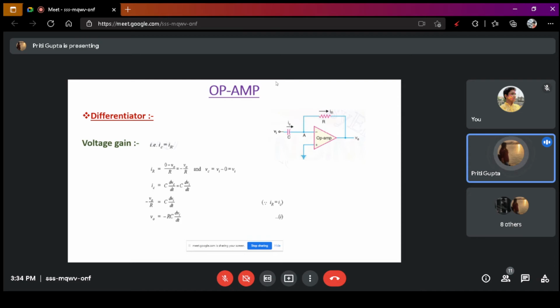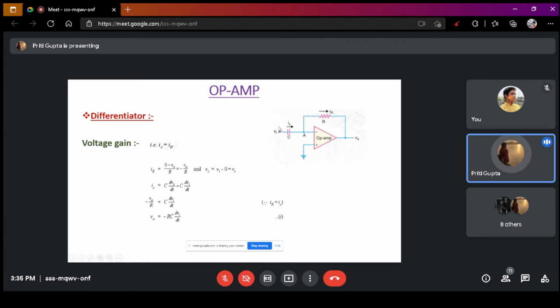Okay, now see. So what is the value of IR? IR equals to V by R, that is 0 minus V0 divided by R, or IR equals to minus of V0 divided by R. This is the formula for IR.